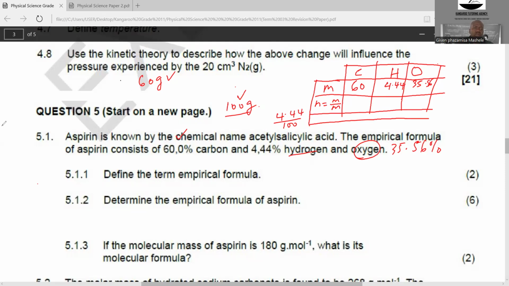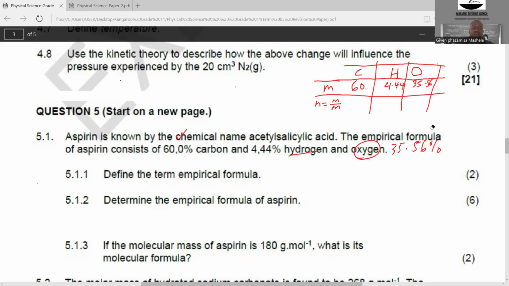We have to use the periodic table to get the molar mass of each element. Let me just extend this table, guys.